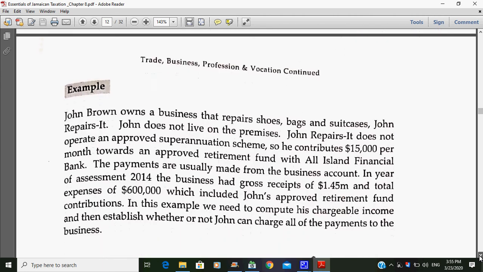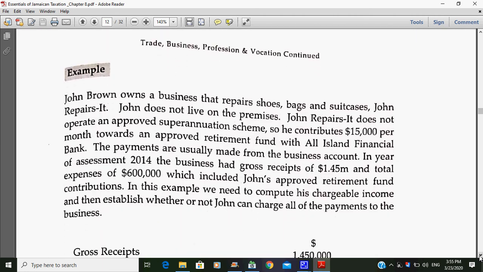Example: John Brown owns a business that repairs shoes, bags, and suitcases. John does not live on the premises. He does not operate an approved superannuation scheme, so he contributes 15,000 per month towards an approved retirement fund with All Island Financial Bank.